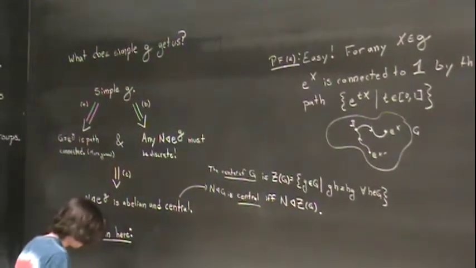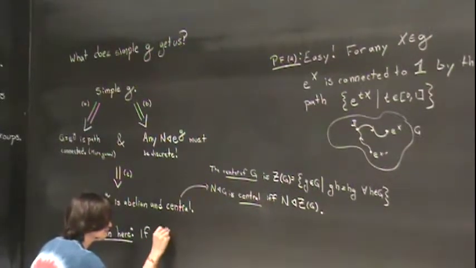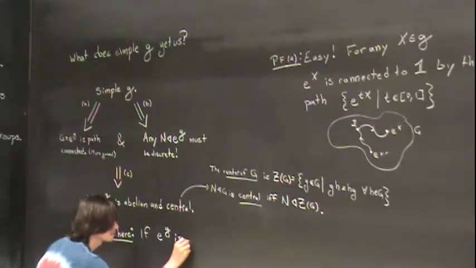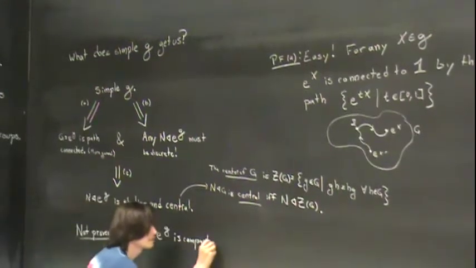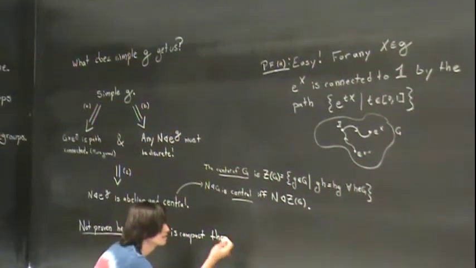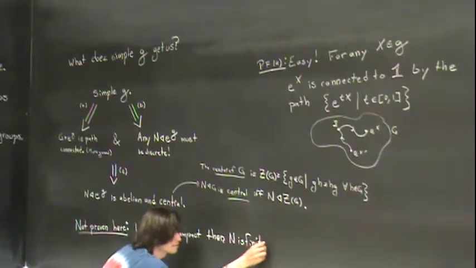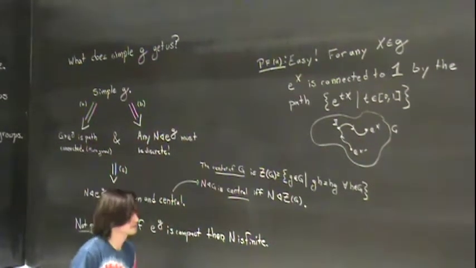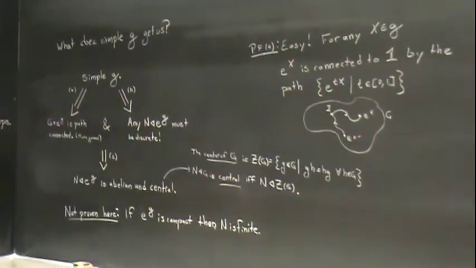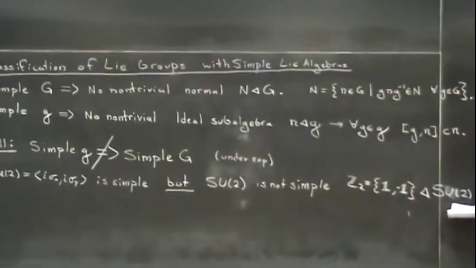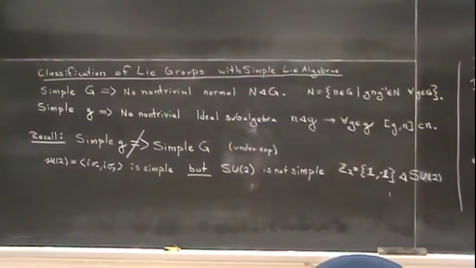But the idea is that if the Lie group is compact, then N is finite, meaning it consists of finitely many elements. It's not going to be something like the integers. Which again, we see here, right? Because SU(2) is compact, as we know. And this is a discrete subgroup. Great.